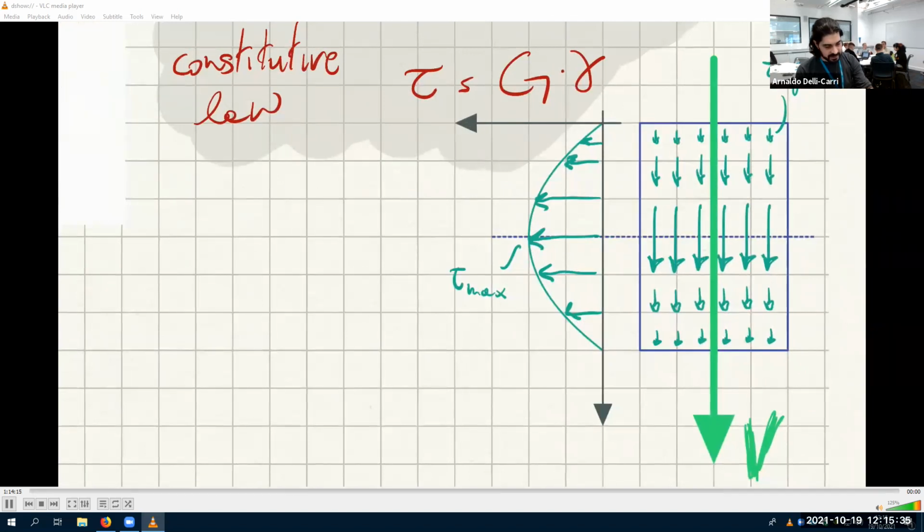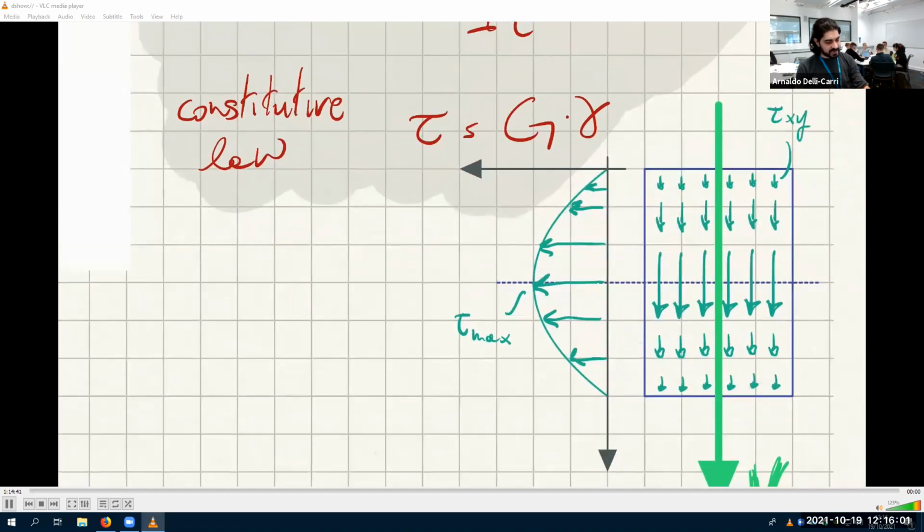That means the arrows here are 0, and the arrows grow and grow until they reach the centroid of the section, where they are the largest. And then they start decreasing until they reach 0 again at the other face.